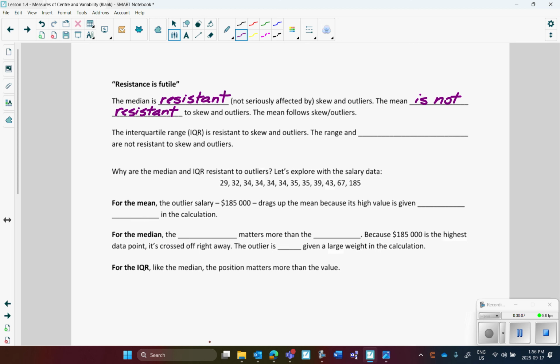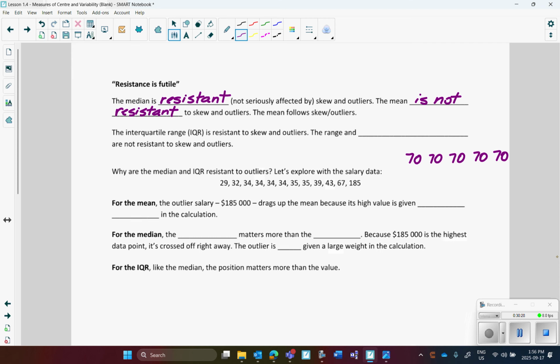So imagine five students. These are the marks they got in the test. What's the mean? 70. What's the median? 70.